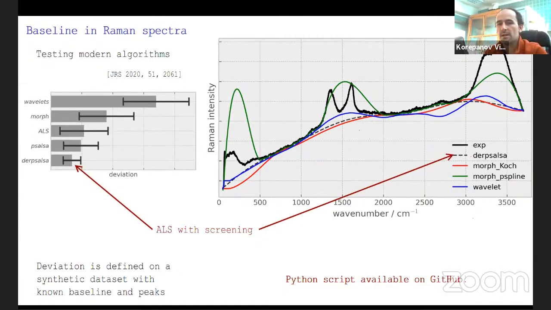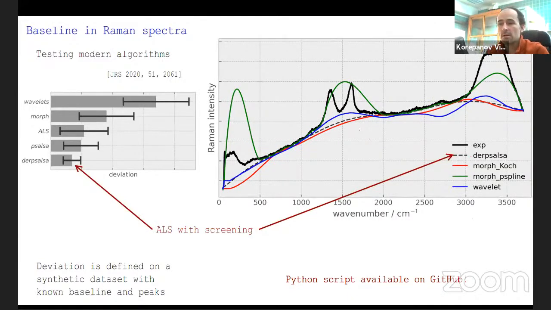We feed this data set to different algorithms, and we check how the algorithm reproduces the already known baseline, and we calculate the deviation between the calculated and the known baseline. We can see that this algorithm, which is based on the screening and penalizing the second derivatives, works very efficiently.